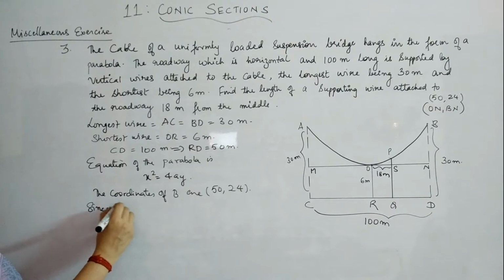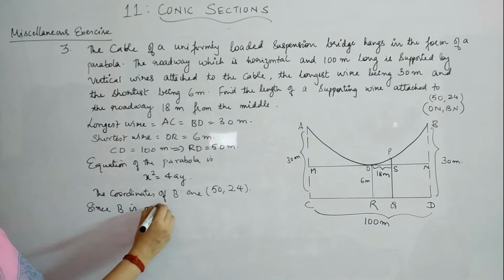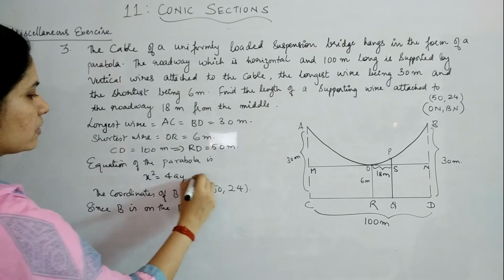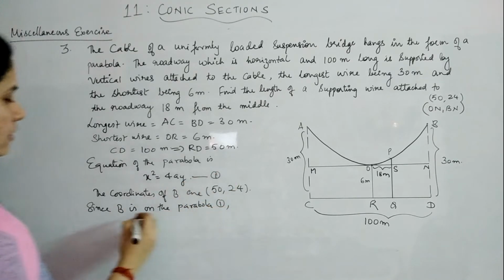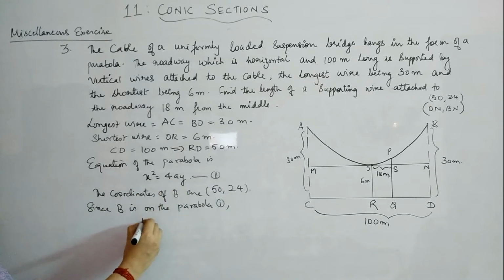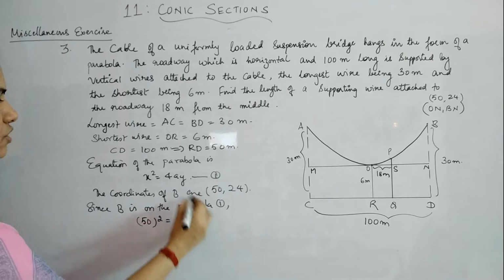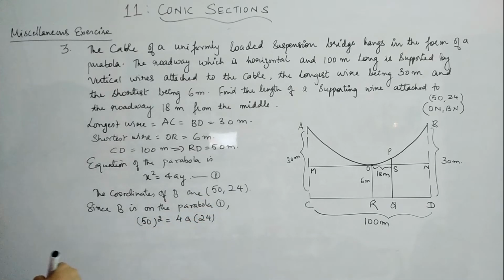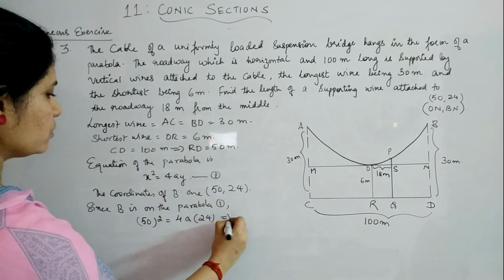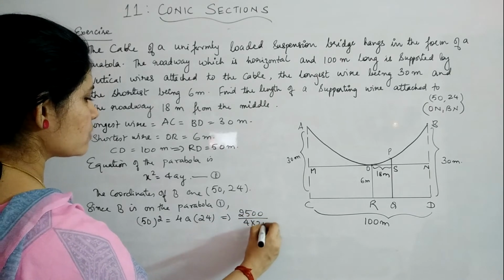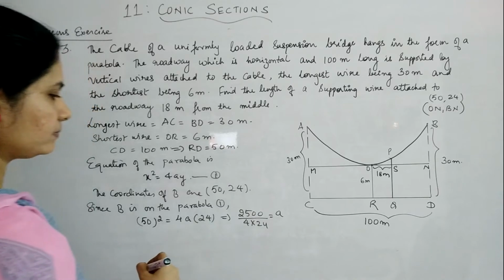Now again B is lying on this parabola, so it will satisfy the equation. Since B is on the parabola, we replace x with 50. So it is 50 square is equal to 4a into y as 24. This will give you 2500 divided by 4 into 24 as a.